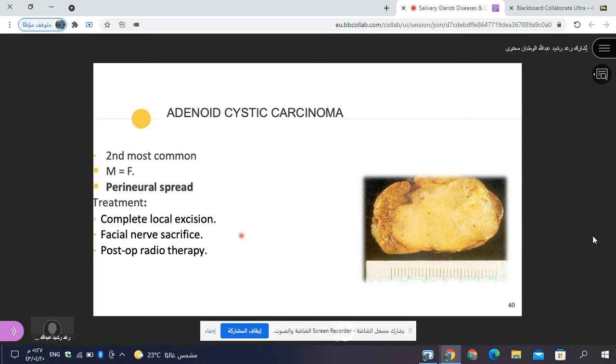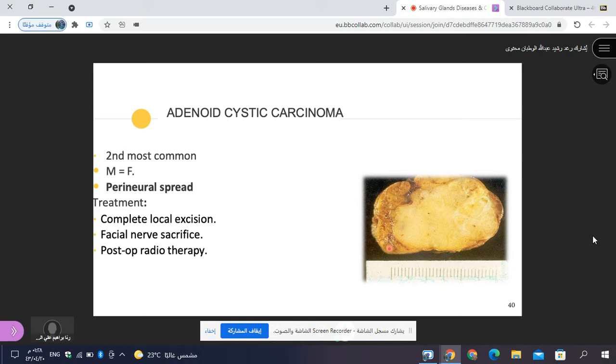So the presentation will be an enlarging mass with paresthesia and facial nerve paralysis. And so in the treatment, we do facial nerve sacrifice with local excision. Facial nerve sacrifice, which is the removal of the facial nerve, is known as radical parotidectomy. Also, we treat it with postoperative radiotherapy. This is for the adenoid cystic carcinoma.